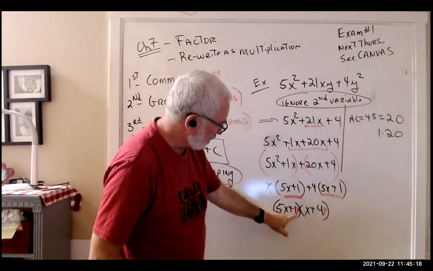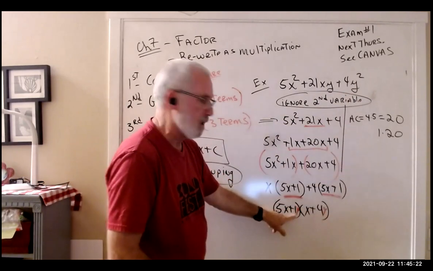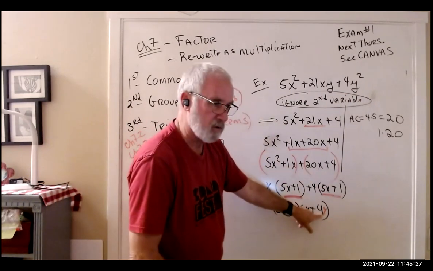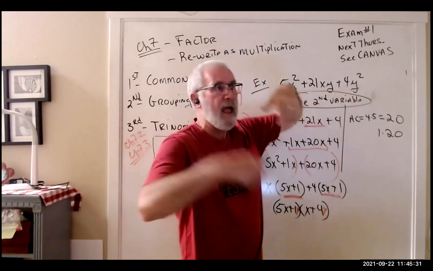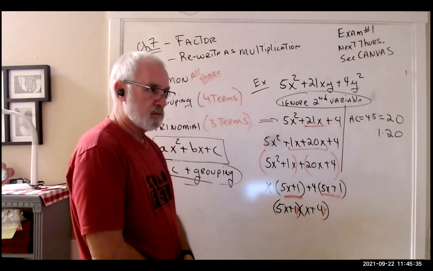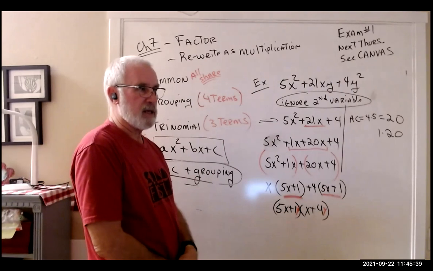So if you cheat a little y there at the back of the first binomial, and you cheat a little y at the back of the second binomial, you'll have created 4y squared, and it's done. That's the correct answer. You can multiply it together if you wish, but that's going to be the answer.